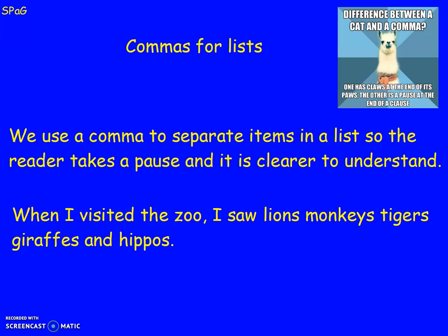When I visited the zoo, I saw lions, monkeys, tigers, giraffes and hippos. Okay, so that is quite a mouthful for the reader to say. So we're going to add some commas so that the reader takes a pause to make the sentence clearer. Have a little think about where the commas are going to go.